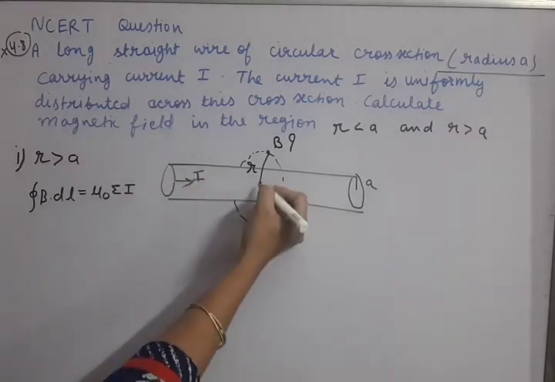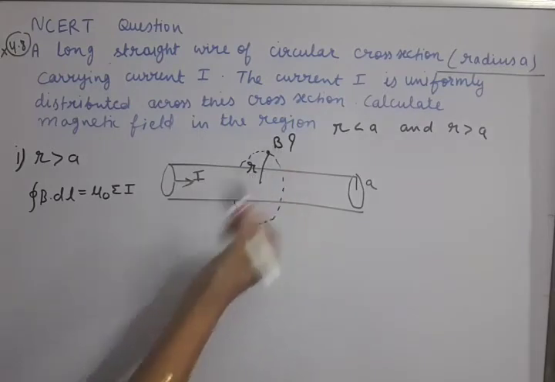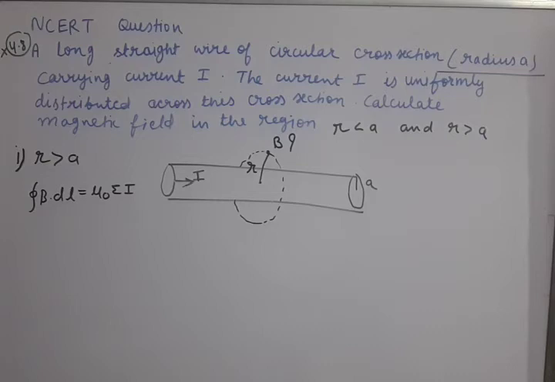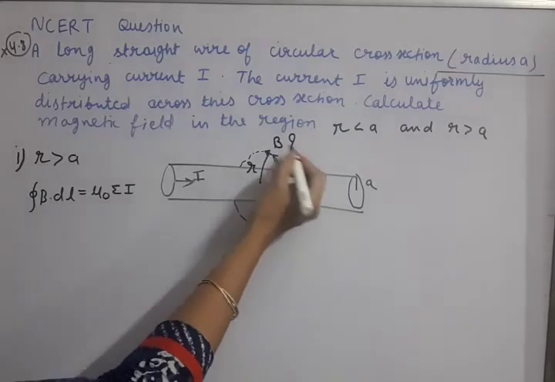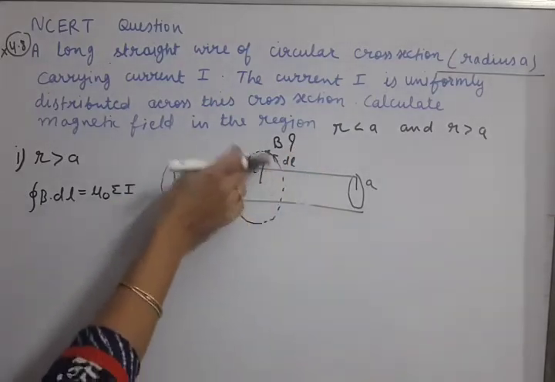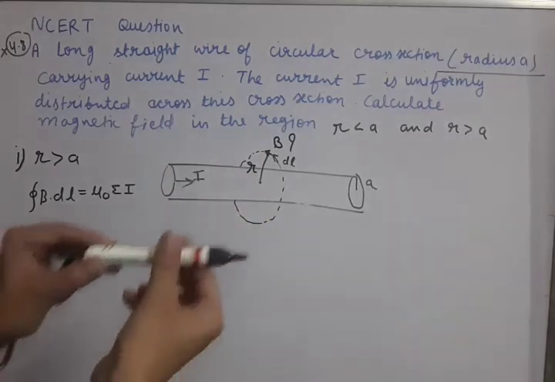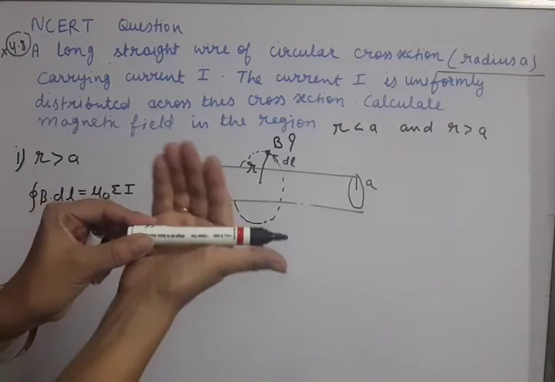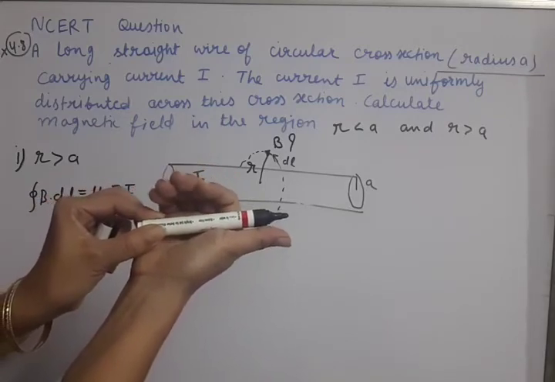Now the radius of the loop should be equal to the distance of the point where we have to find the magnetic field. Now on this loop we can take dl and we can take magnetic field. Both are in the same direction. dl is the part of the loop and magnetic field around any wire is also along this circle only.